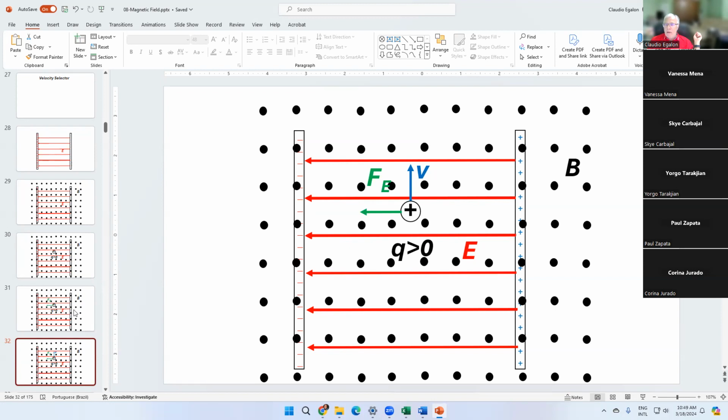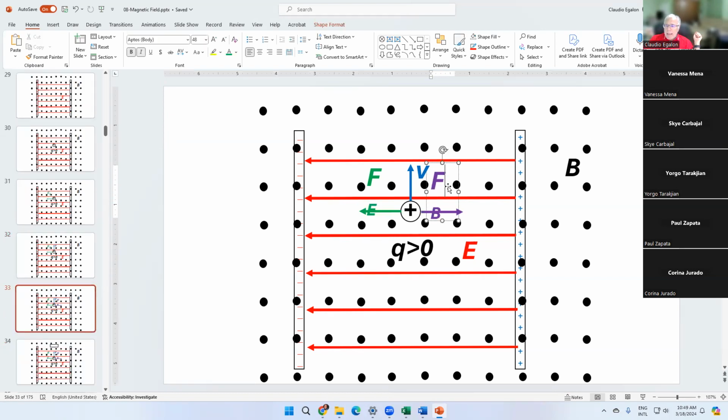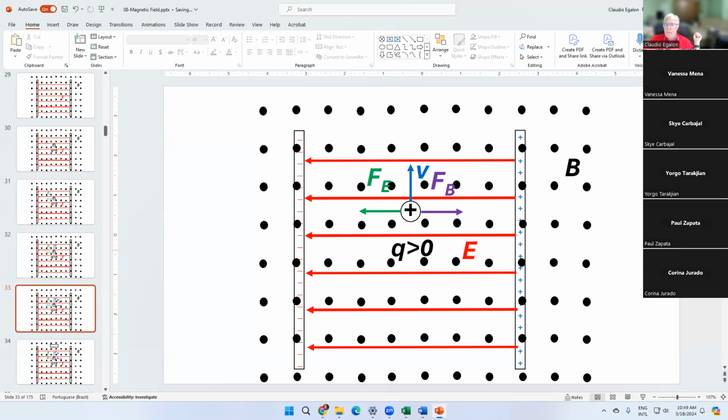You go ahead and do the V cross B vector. Don't forget it's a positive charge, right? And we end up getting the magnetic force to the right, electric force to the left.